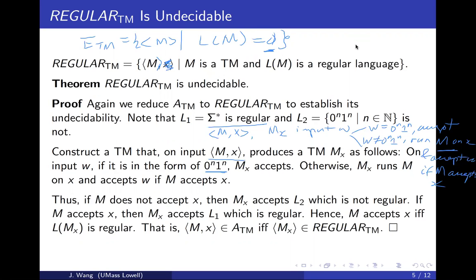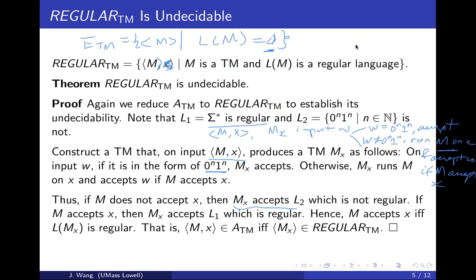Remember this M sub x always accepts input in the form of 0 to the n followed by 1 to the n. So if M doesn't accept x, then M sub x does not accept anything else. That means that M sub x accepts L2, then we know it is not regular.